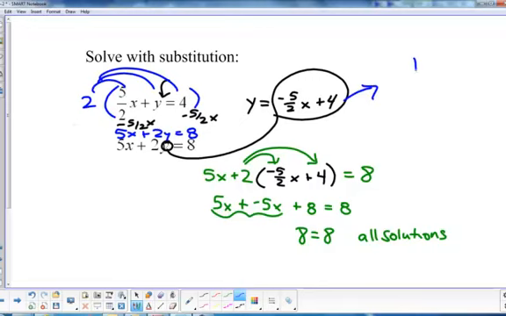The solutions that make this work are 0 giving 4. That'll work for both. If we plug 1 in, that's negative 2.5 plus 4, which is 1.5. So all solutions that work for the one equation will work for the other equation because they are the same line. Like you can't just plug 0, 0 in. You have to plug a solution for the one.